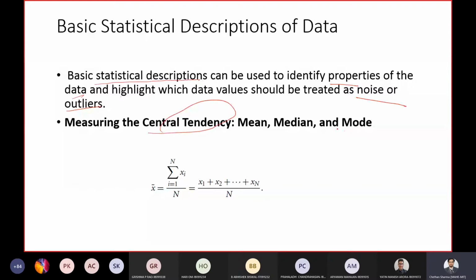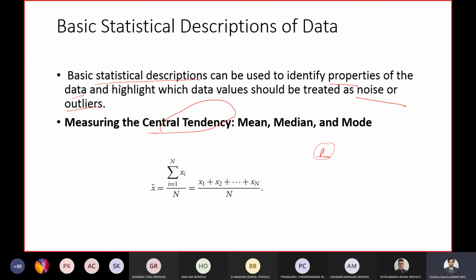Central tendency means the central location of data, or the center of the data distribution where most of your data lies. So that is the central tendency.